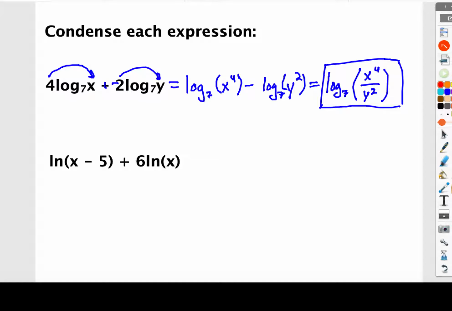Again, your option there would have been saying, well, this could have also been, again, log base 7 of x to the 4th plus log base 7 of y to the negative 2nd. Right, if we put that negative up there along with the 2. But now we're going to end up with a log base 7 of x to the 4th times y to the negative 2.